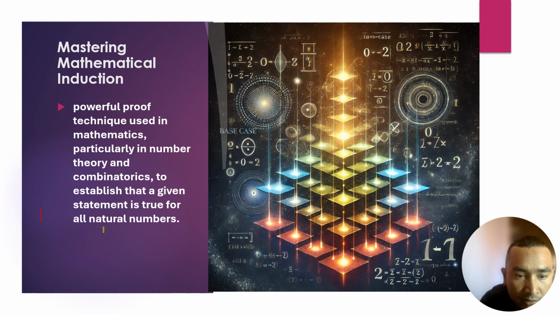Now, 1 square equals 1, and 2 square equals 4. Now 3 square is equal to 9, and 4 square is equal to 16.